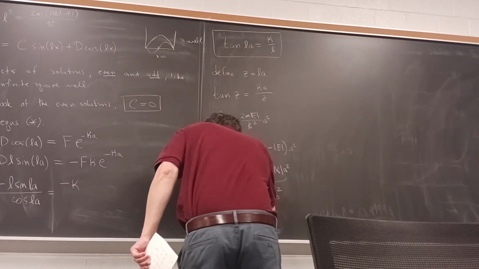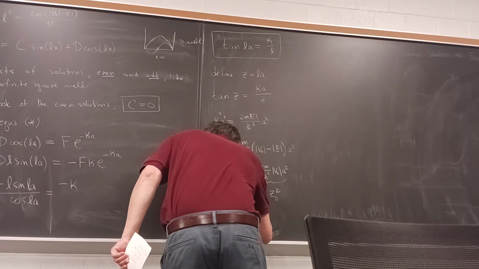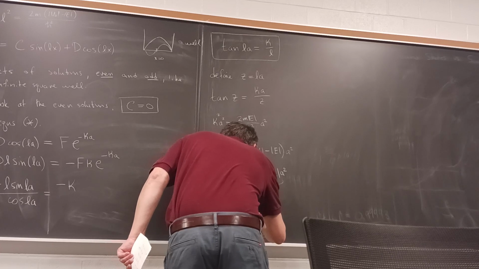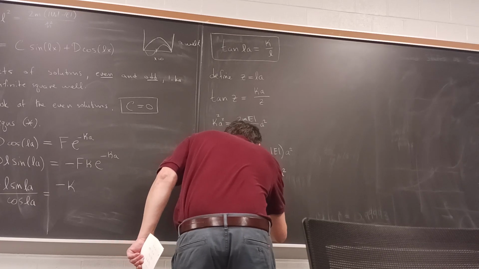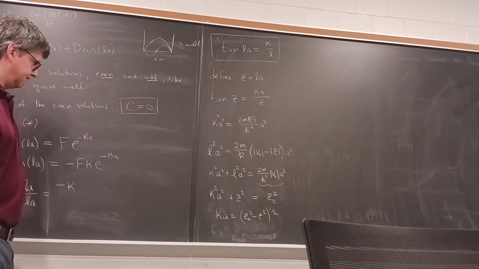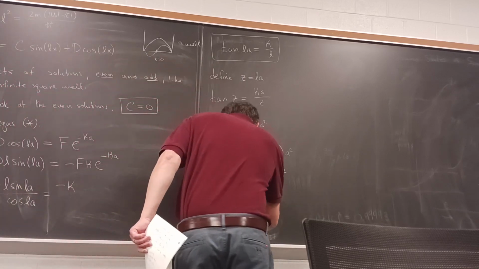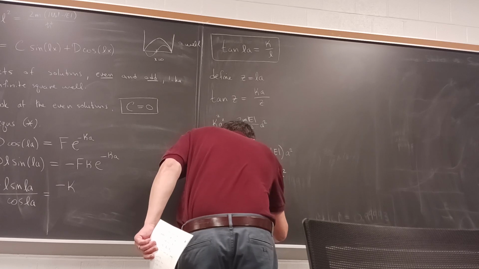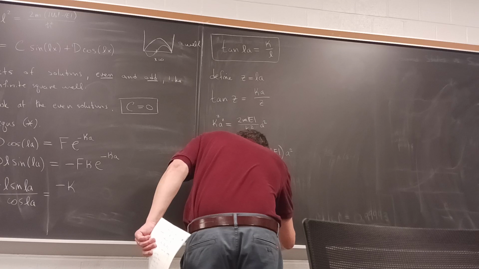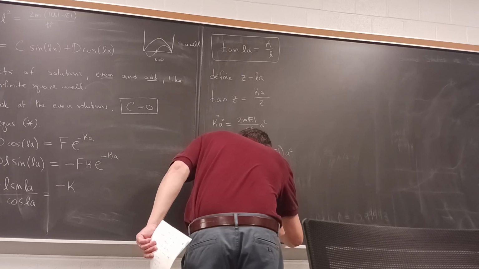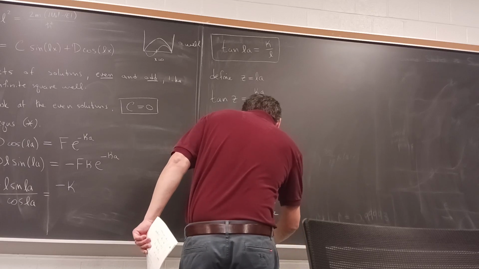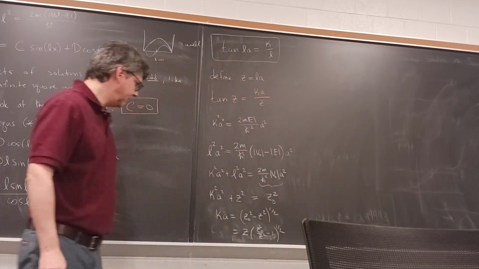So kappa A is equal to the square root of Z naught squared minus Z squared. And I can pull out a Z and write it as Z naught over Z squared minus 1.